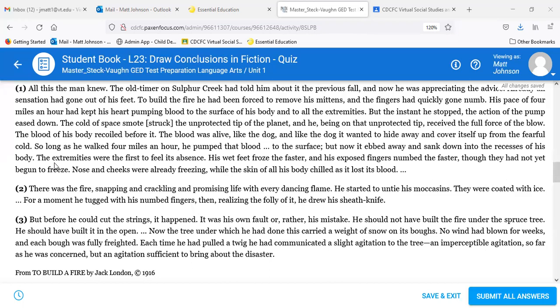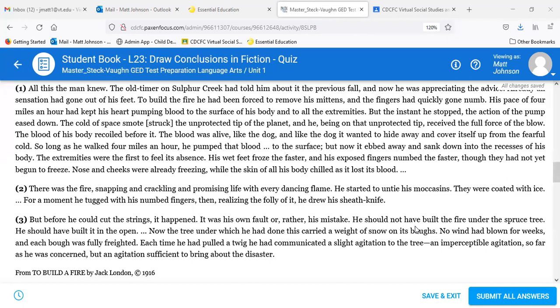Okay, so before we move on, I just want to think about what we've read and the situation that this guy's in, and that's going to help us draw conclusions. By the way, the one word there is boughs, like the boughs of a tree. When he says each bough was fully freighted, it means it was under the weight of the snow.